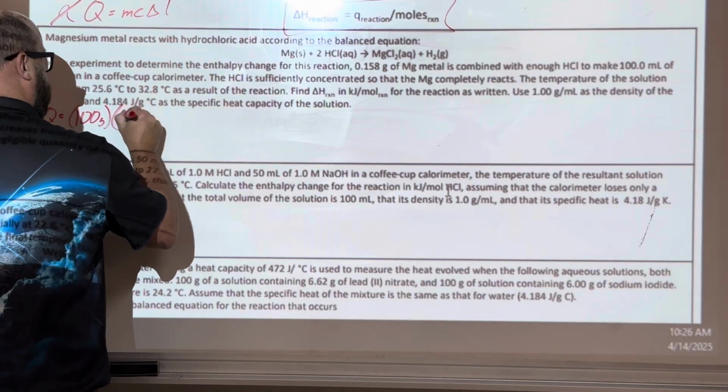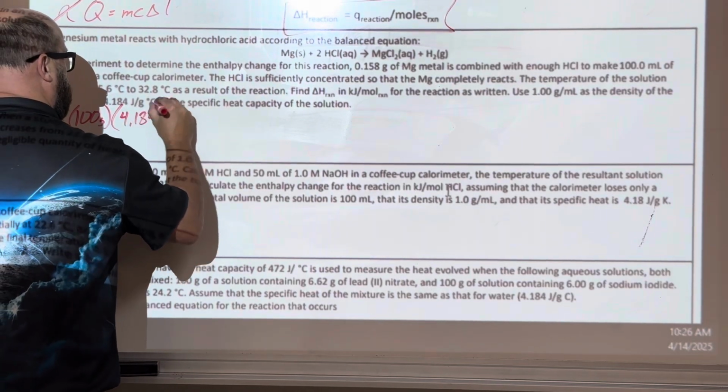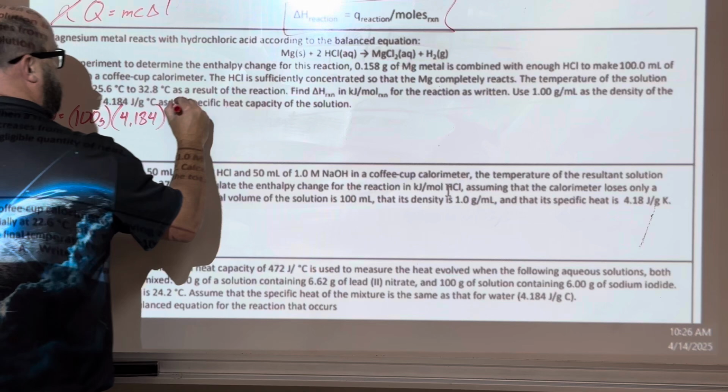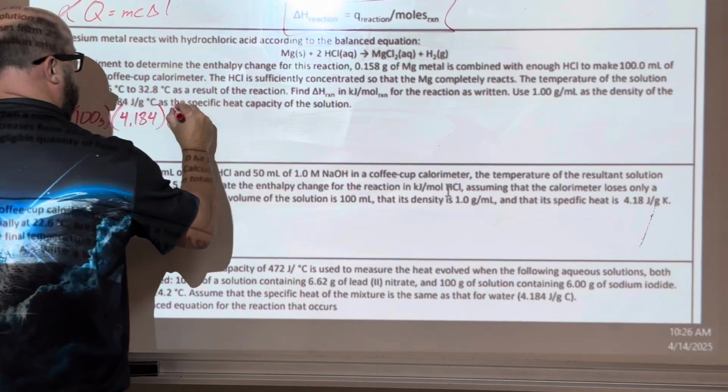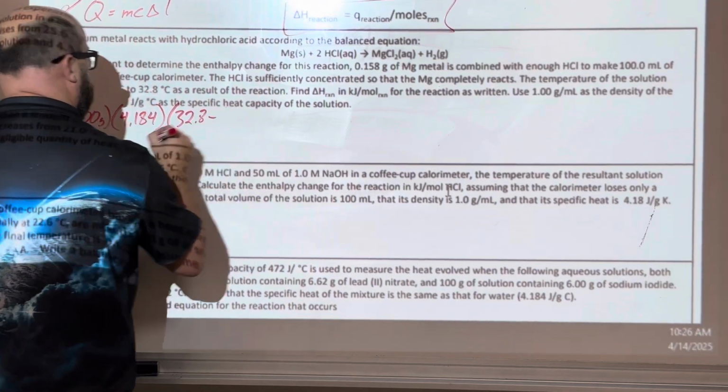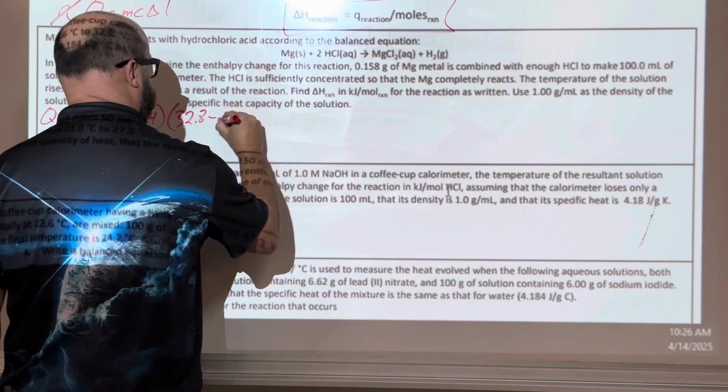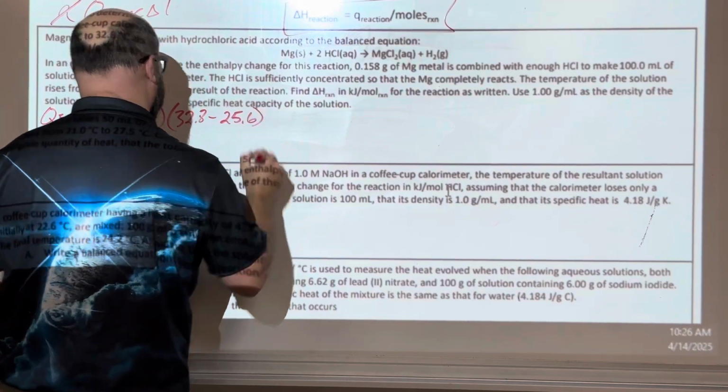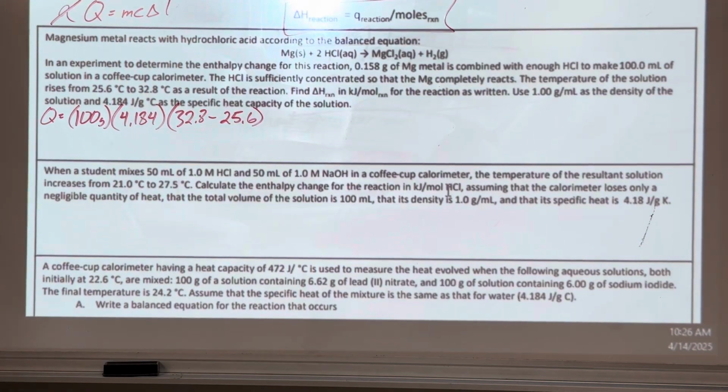MC, 4.184, and delta T, our final temp is 32.8, minus our initial, which is 25.6, and that should give us our Q. Let's see what we get.